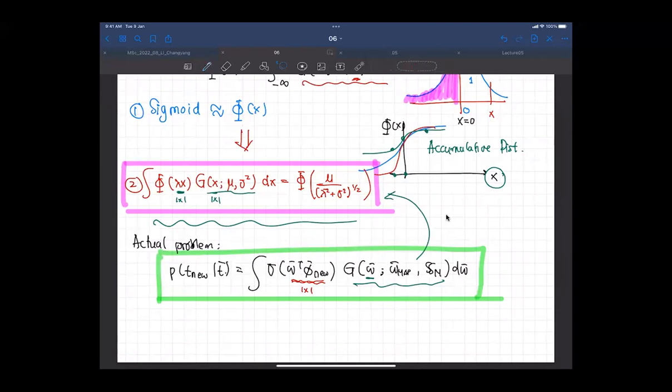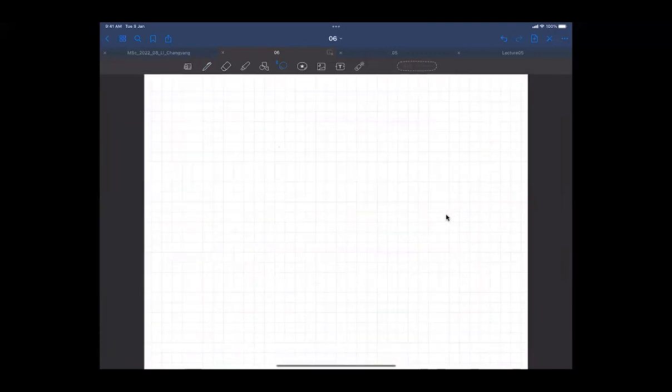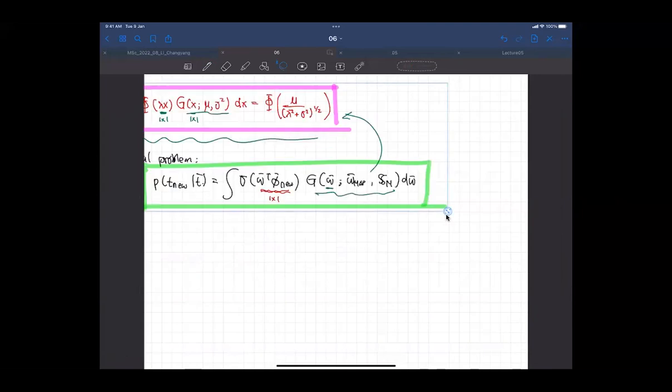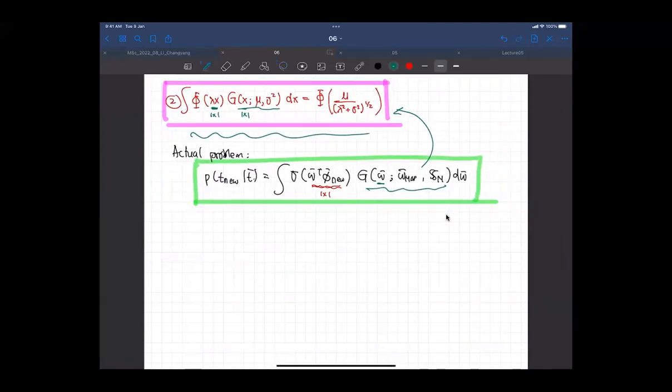Okay, so let's bring this. How can we change this? Let's copy both of them. Okay, so that's the goal. The goal is this one, the goal is that one. First of all, we can create a new variable representing this. We can have a new, a scalar 1 by 1, which is defined as w transpose phi new.